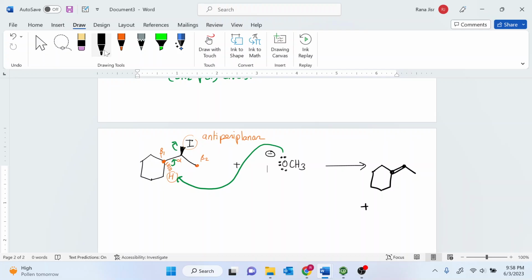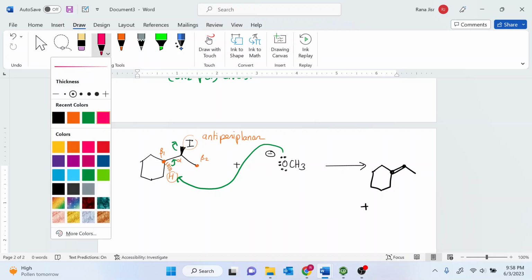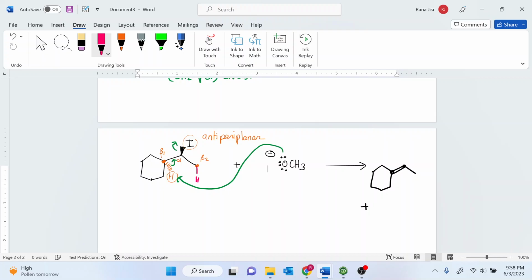Plus, there's another beta hydrogen. Actually, there is a hydrogen over here. So I'm going to pick the hydrogen that is here. We know that we have another hydrogen in plane and another hydrogen which is in front. So I'm going to pick the hydrogen which is at the back over here so that the base can come again, take that beta hydrogen. Here you go. I'm going to use the same lone pairs in there.